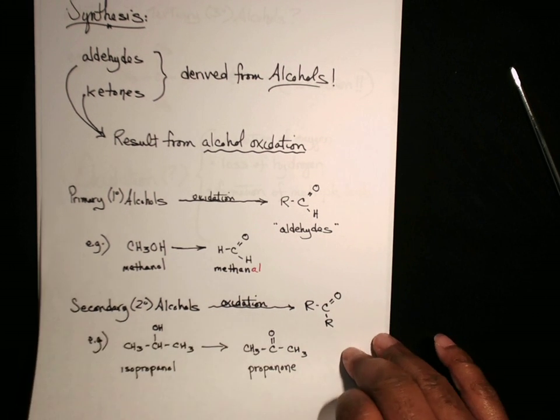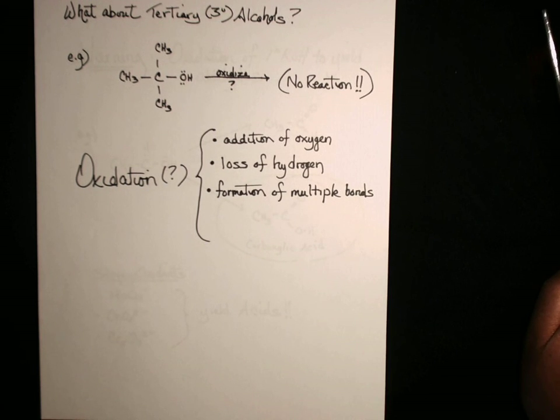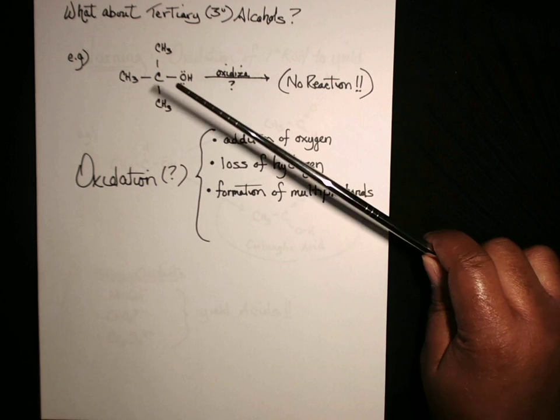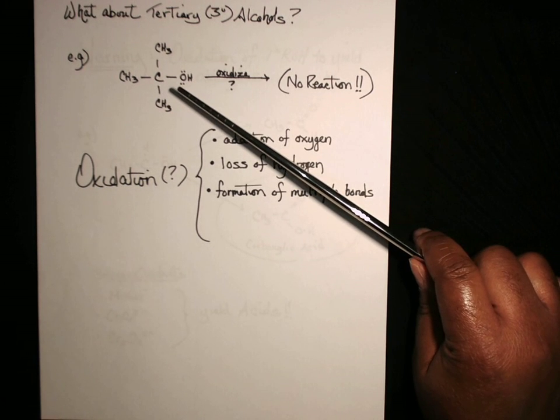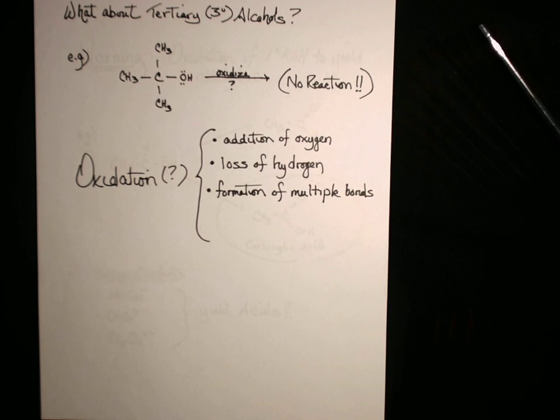Now, what about tertiary alcohols? What happens when you try to oxidize, for example, t-butanol? Well, oxidation of t-butanol basically gives you nothing. There is no reaction. Why is that?